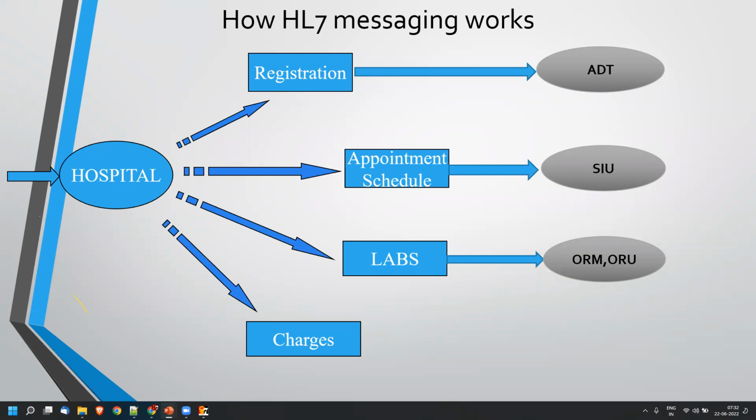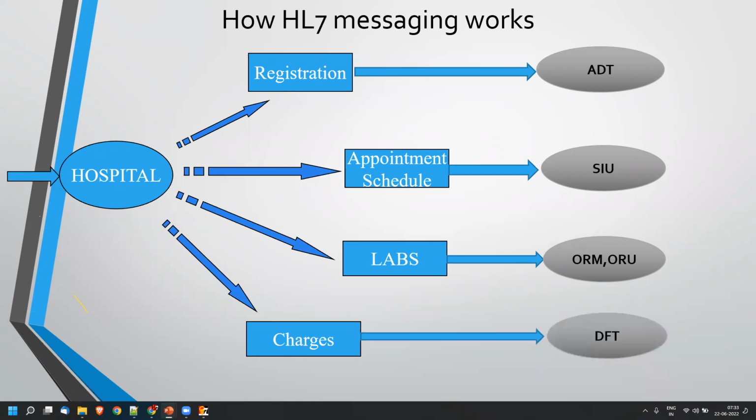Let's say the doctor is placing an order, which is, let's say, complete blood count, the most famous one. The doctor is sending out that order, and it will be represented with the help of ORM. And when the result is coming back from the lab, it is represented with the help of ORU, which is observation result unsolicited.